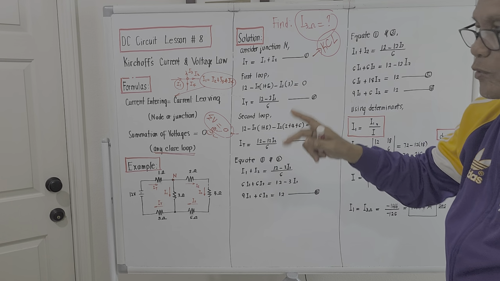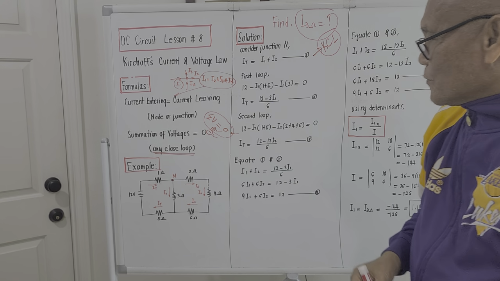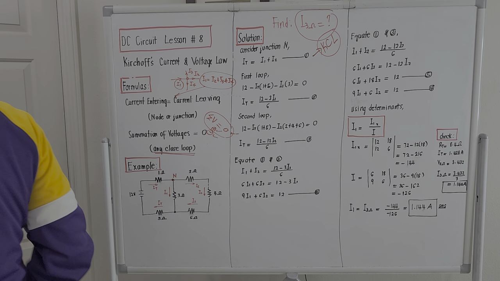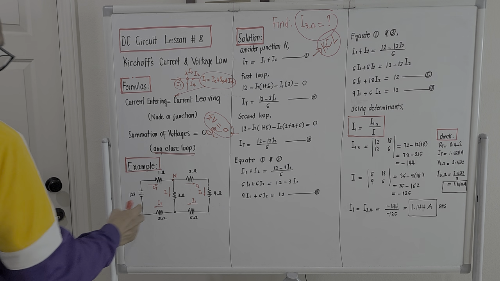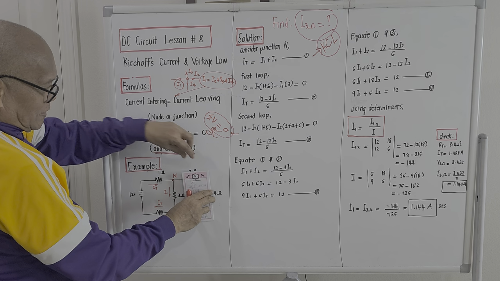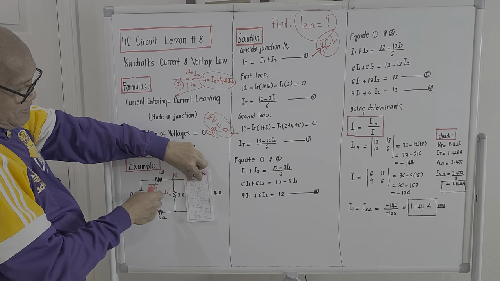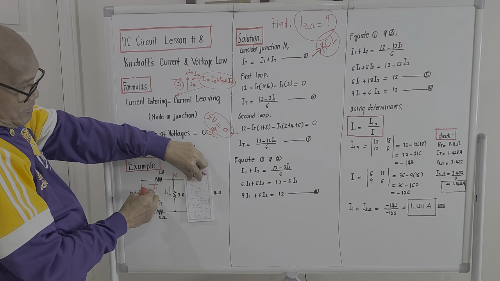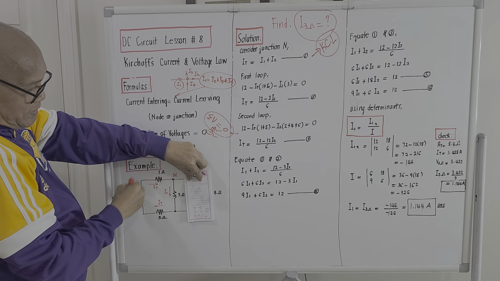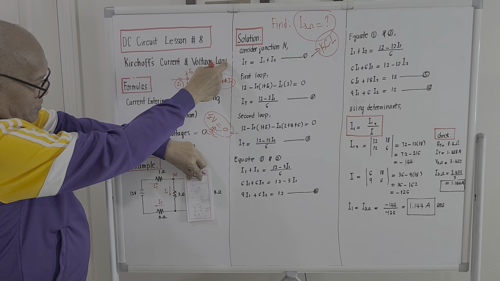Considering the first loop, we will be using Kirchhoff's voltage law. What's the first loop? The first loop is the one on the left. Forget this portion for the meantime. So this is a loop, right? Forget that one first. The first loop I'm talking about here is this loop here. You apply Kirchhoff's voltage law.